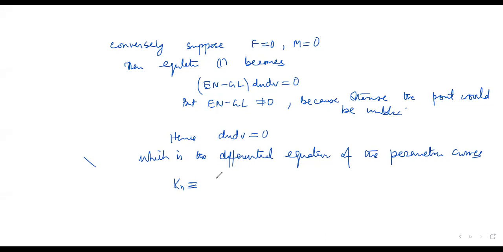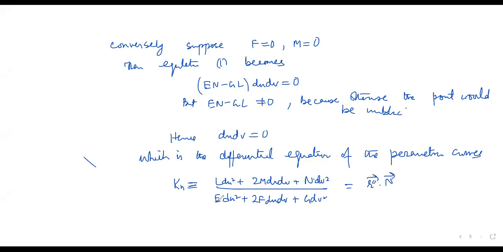So Kn, as you know, is (L du² + 2M du dv + N dv²) divided by (E du² + 2F du dv + G dv²), and this in fact is equal to r double dash dot surface normal.